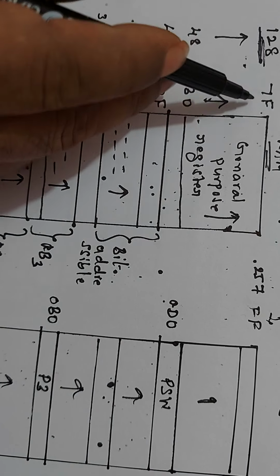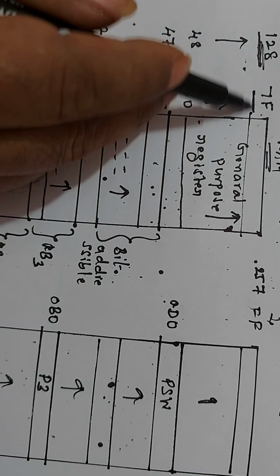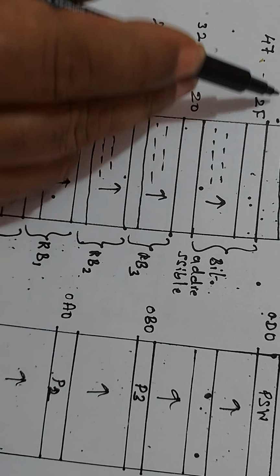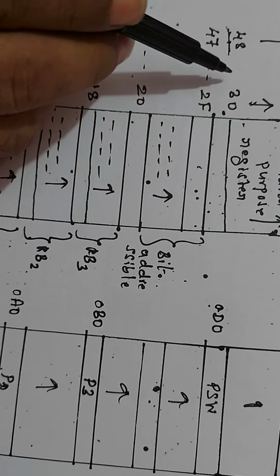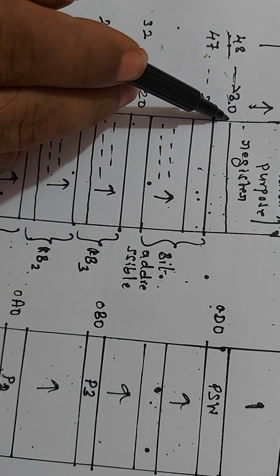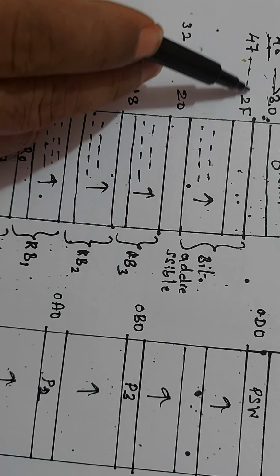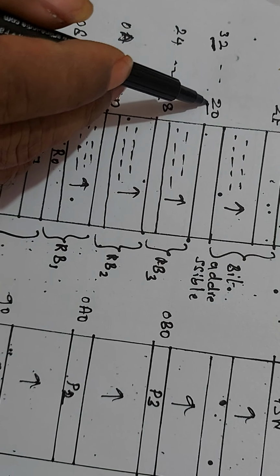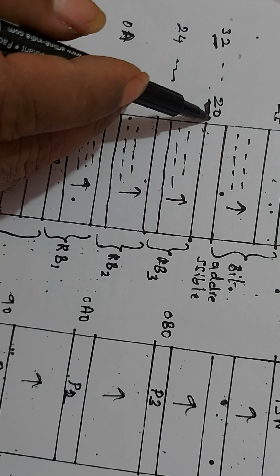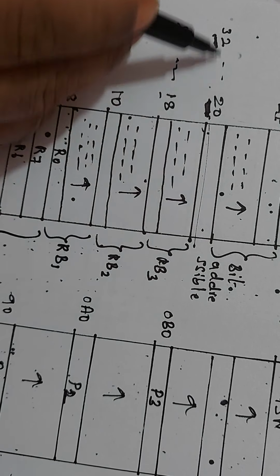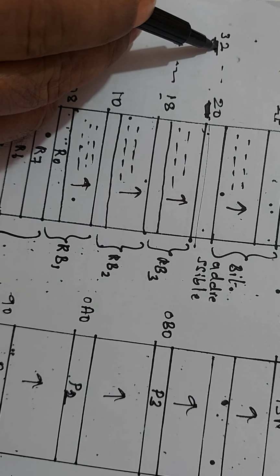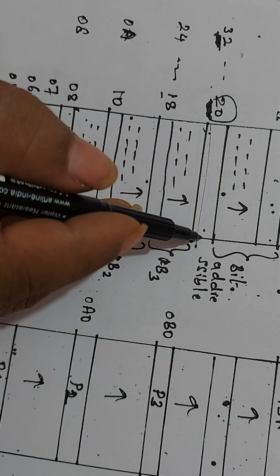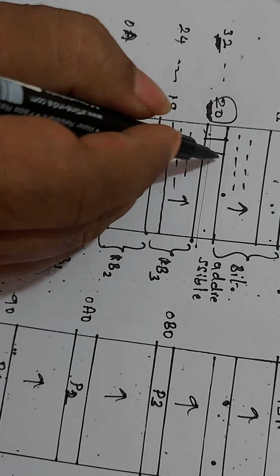Here the 128th RAM location is represented by the byte address 7F. Similarly, the 48th RAM location is represented by byte address 30, 47 is represented by 27, and the 32nd RAM location is represented by the byte address 20. Since it is a byte address, each RAM location can store 8 bits.